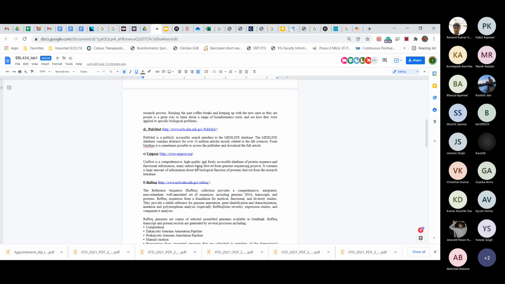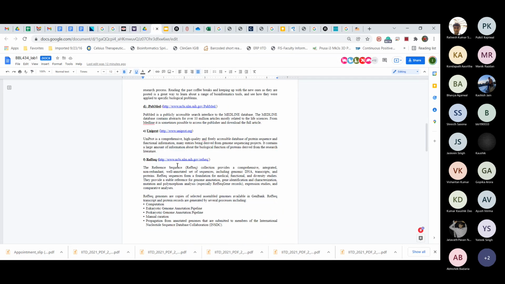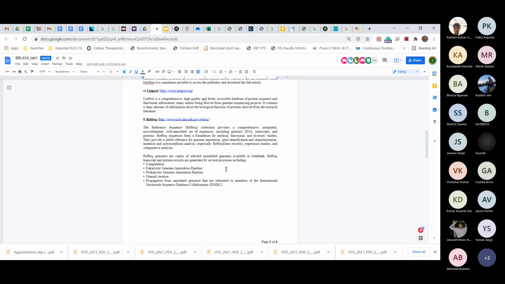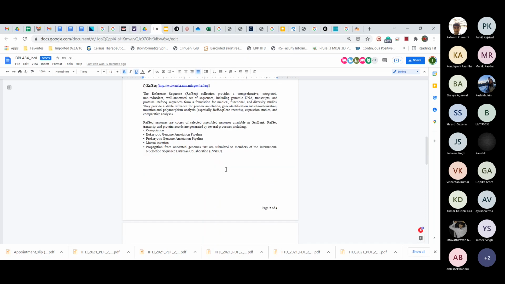Then you have UniProt, which is a database of protein sequences. Then there is RefSeq, which again is hosted within NCBI, which is a collection of a lot of DNA sequences collected from lots of researchers.